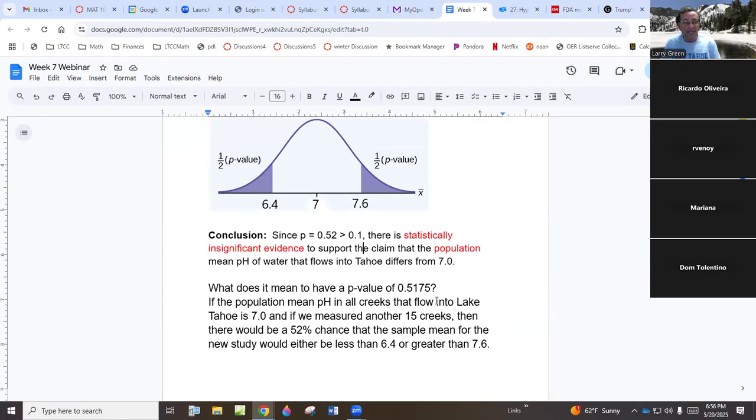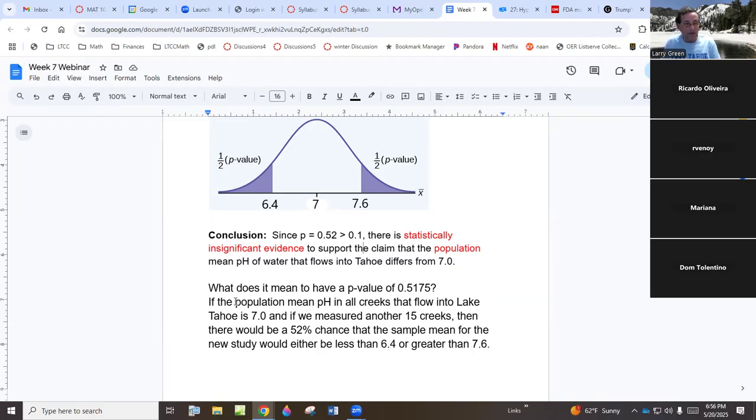All right. What does it mean to have a p-value of 0.5175? So what that means is that if the population mean pH in all creeks that flow into Lake Tahoe is 7.0, and if we measured another 15 creeks, then there would be a 52% chance that the sample mean for the new study would either be less than 6.4 or greater than 7.6.